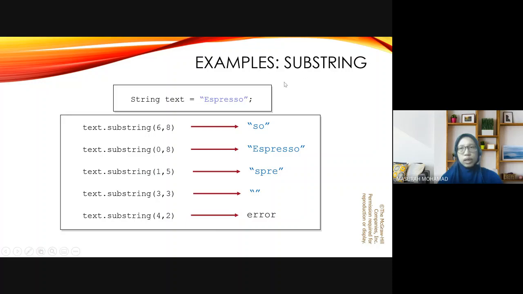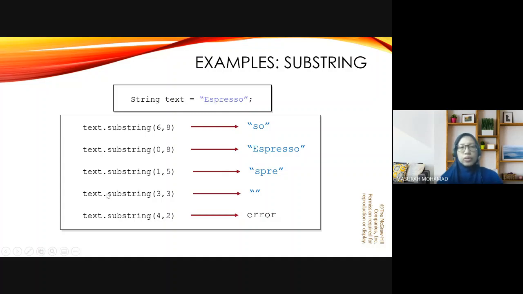Okay, so let's look at another example of implementing the substring method. Let's say we declare one variable text here, which points to expresso just now. You can use different numbers here, and we will get different output. I want you to look at these last two lines.